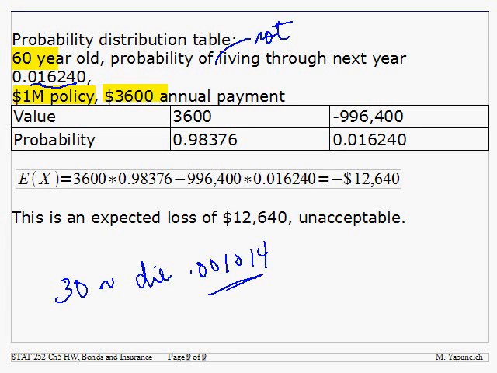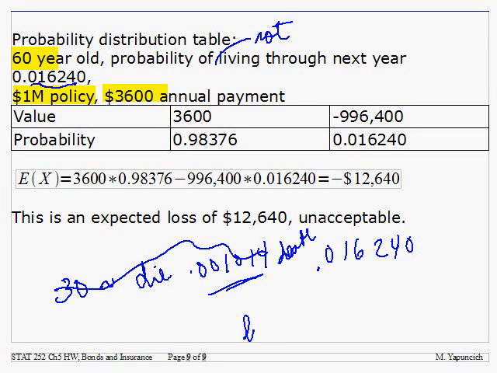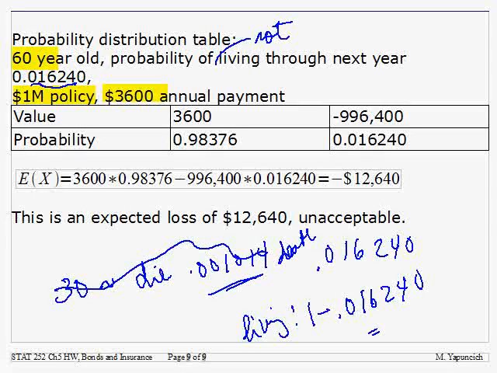So if the probability of death is 0.016240, the probability of living would be 1 minus 0.016240, and that's about 98%. Okay, so now I want to find the expected value.